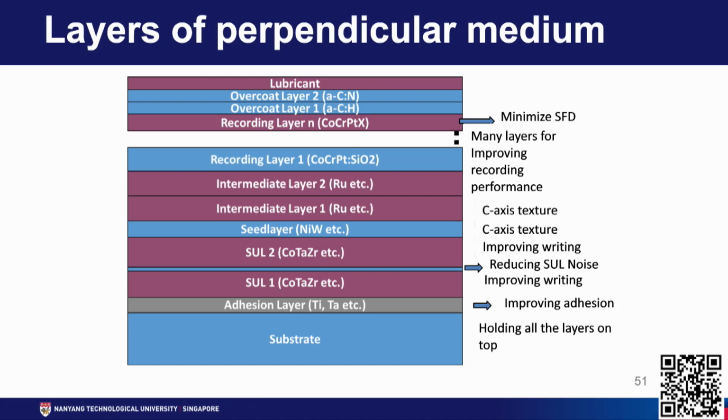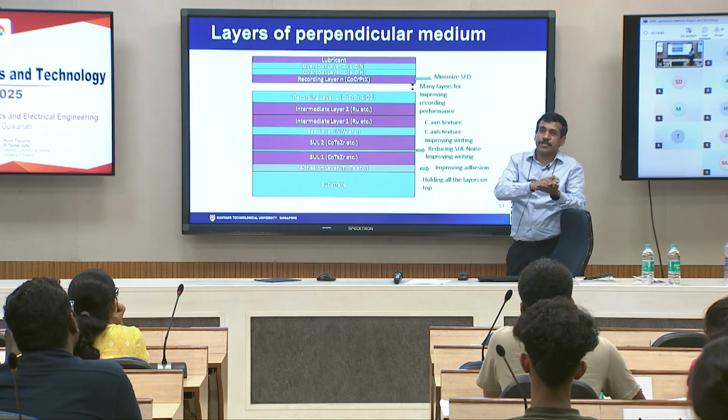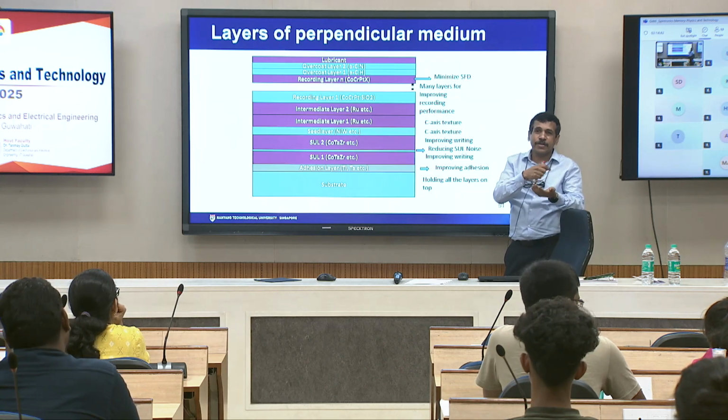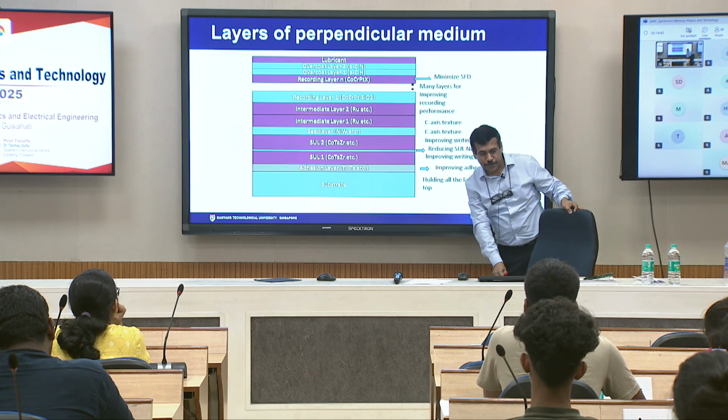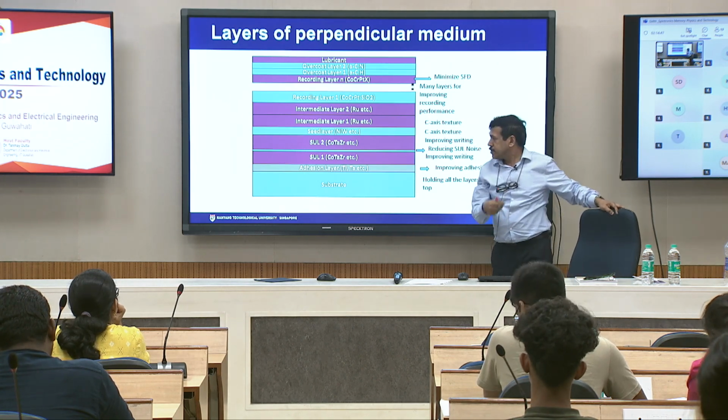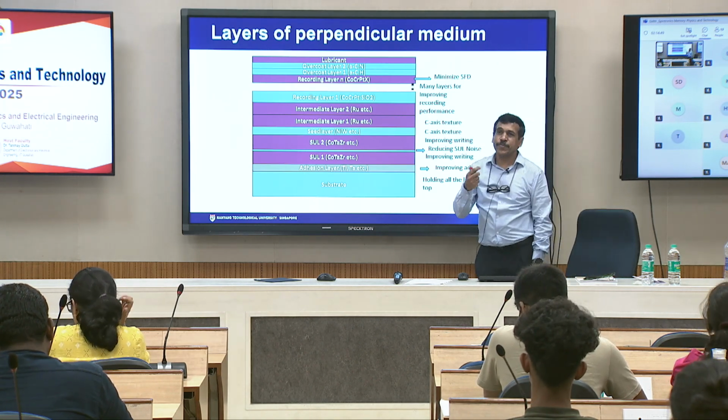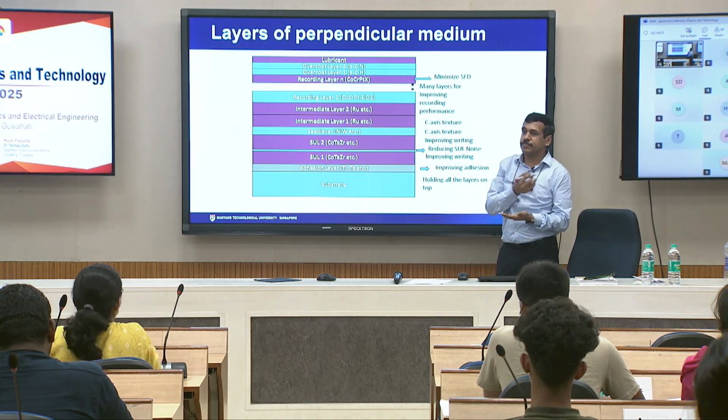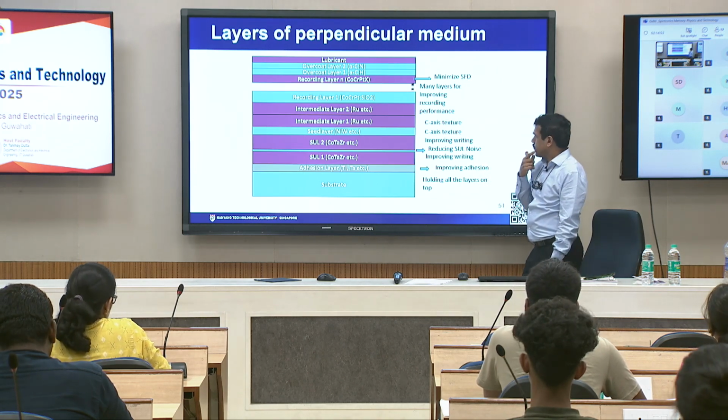So, we have a substrate and we are depositing so many thin layers. If you deposit many layers on top of a substrate, there is a possibility that the films do not stick onto the substrate. Sometimes your films may peel off. If any of you are doing sputtering or some device fabrication, sometimes you might encounter the problem of films peeling off.